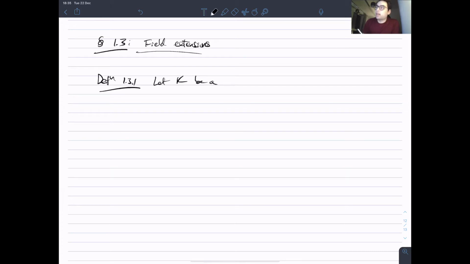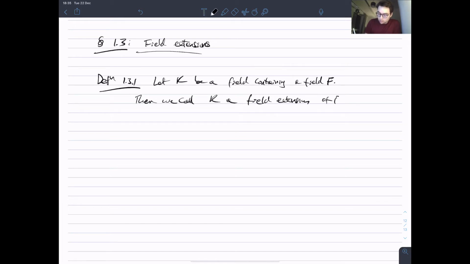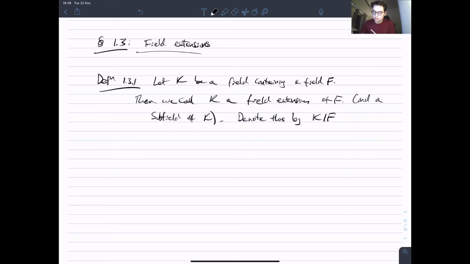Let K be a field containing another field F. Then we call K a field extension of F, and F a subfield of K. We denote this by K over F. So K is a field lying over F.